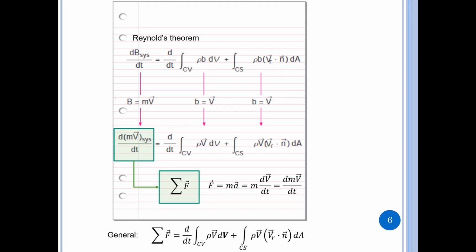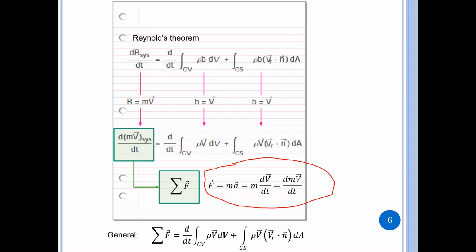Now you know from Newton's second law, F is equal to ma, and m times acceleration is m dv over dt. Now this mass is also changing, so it is not constant anymore, so it can be d(mv) over dt.